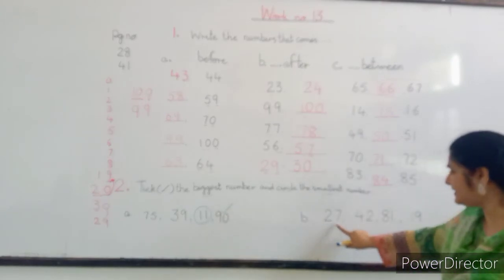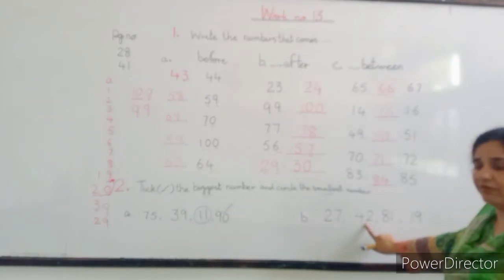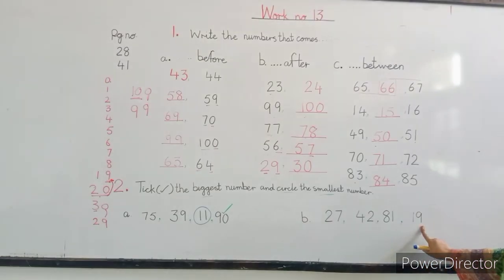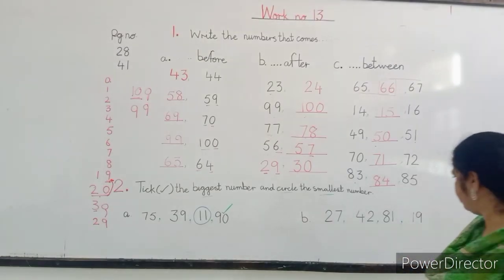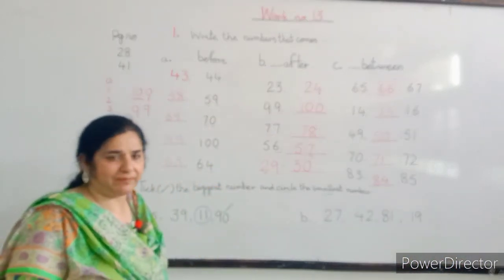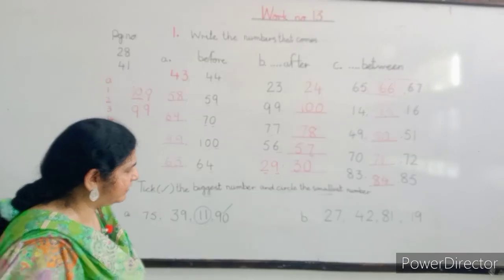Okay, read these numbers. 27, 42, 81 and 19. Now children, what do we have to find? First we will find the biggest number. Take the color.